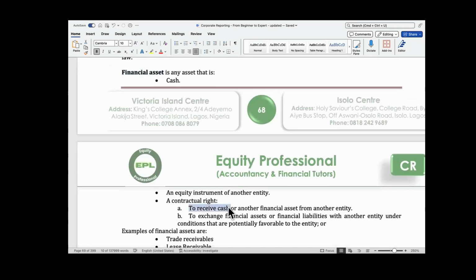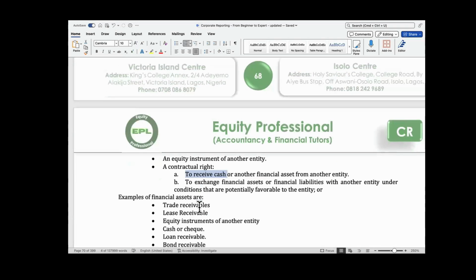And that is why physical assets like inventory, PPE, and intangible assets will not be financial assets, because they don't give rise to a contractual right to receive cash. They only give opportunity to generate cash. We explained all of those last week.